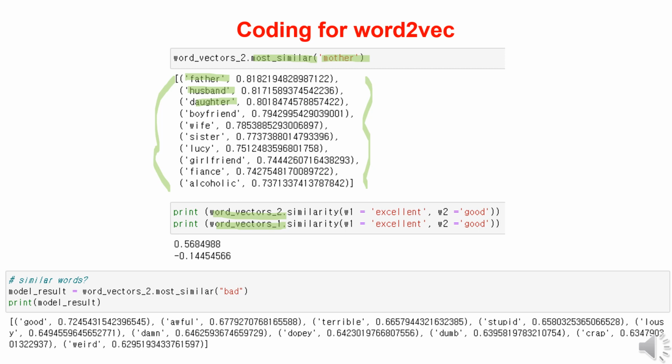When calculating the similarity between excellent and good, we find that Vector 2, which was constructed with a much larger amount of text data from movie reviews, shows a higher degree of similarity. Similarly, when listing words similar to bad using the most_similar command, we see words like good, awful, and terrible, indicating much higher similarity compared to what was obtained from the model trained on the earlier 5 sentences.